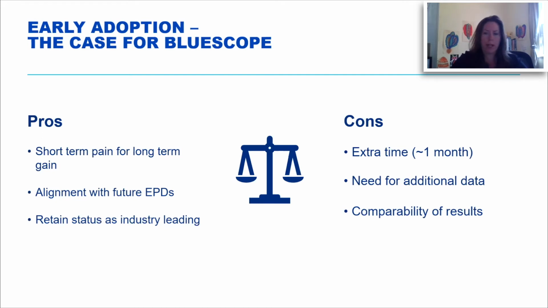If we went out and published these new indicators, we would also need to publish the old indicators. And I'm not sure how many pages difference it is, but our EPDs were already pretty substantial, and it's added another however many pages of tables at the back. But anyway, they were essentially the pros and the cons, and we took the view that the short-term pain would be worth the long-term gain.